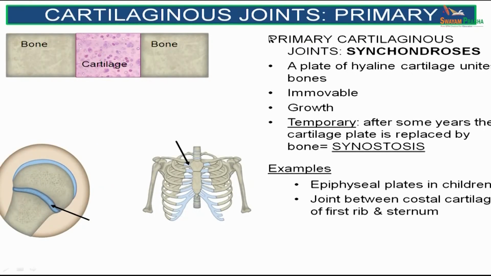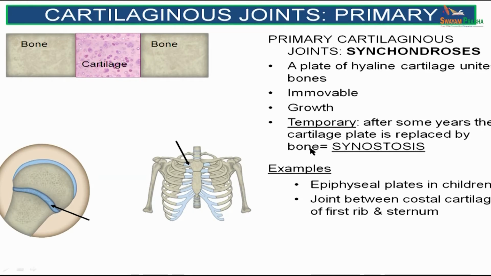So, the primary cartilage joint or the synarthrosis, in which we have two bones joined by a plate of cartilage. These joints are immovable, they allow growth and they are temporary. That means, after some years the cartilage plate is replaced by bone.